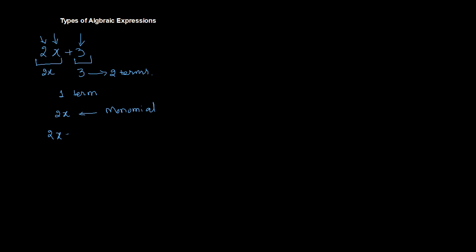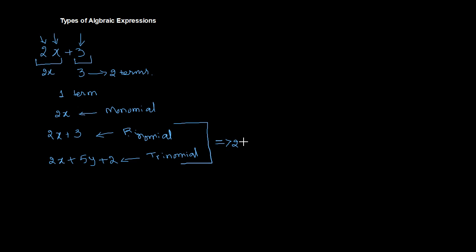If I use two terms, this will be a binomial. If I use three terms, 2x plus 5y plus 2, this will be a trinomial. But keep in mind, anything equal to or greater than 2 terms, all of them are called polynomials.